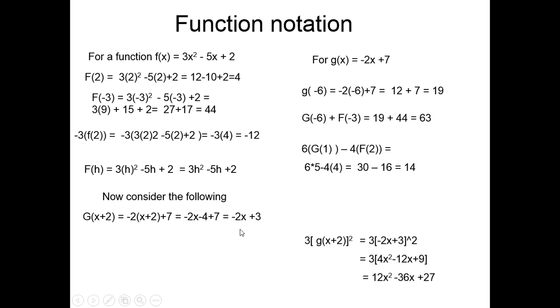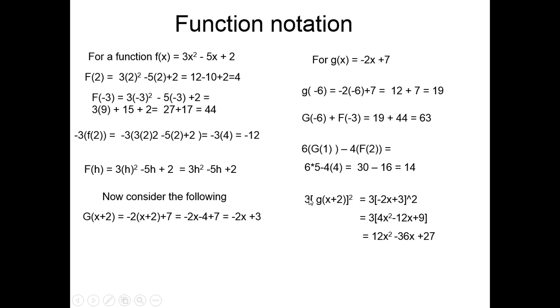Okay, and we look at another one. Here, this is saying 3 times g of x plus 2 squared. Well, we already know what g of x plus 2 gave us. It's over here. This is g evaluated at x plus 2, or sometimes read g of x plus 2, gives us this negative 2x plus 3. We're asked to square that.